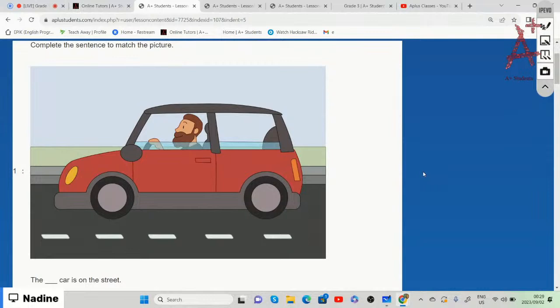Is it the man's car that is on the street? It basically shows that this man owns the car. So we can say the man's car is on the street.